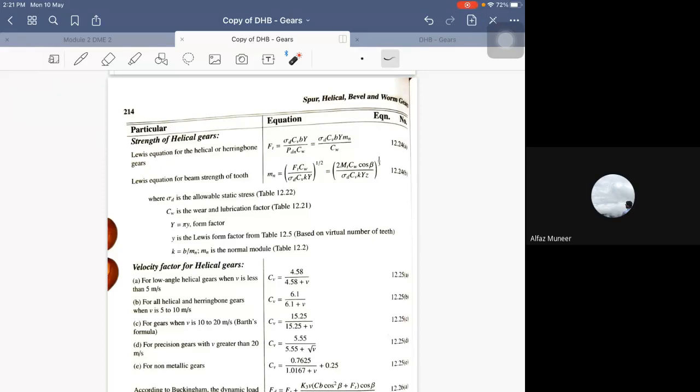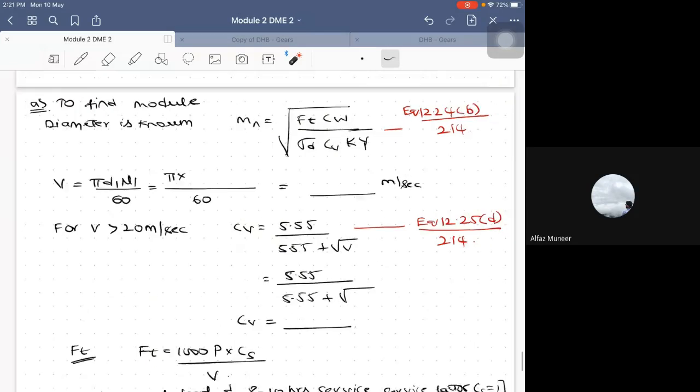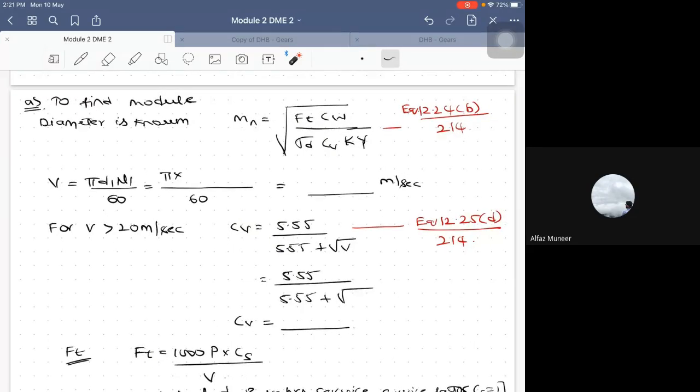Okay, let us go one by one now. In order to calculate the value of CV, first you need to calculate the value of V, isn't it? So pi D1 value is how much? Directly substitute in meters, guys. So it is 0.08; 80 mm was there. Next, N1 is 10,000. Since I am taking all the parameters of the pinion, just substitute all the parameters of the pinion. That's why I have mentioned it as 1.